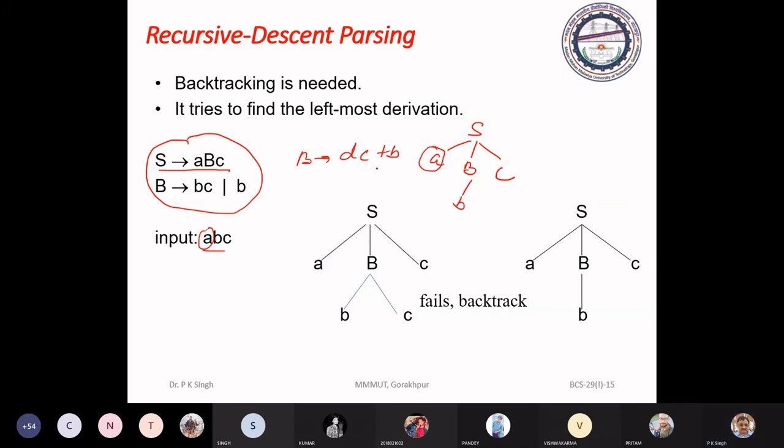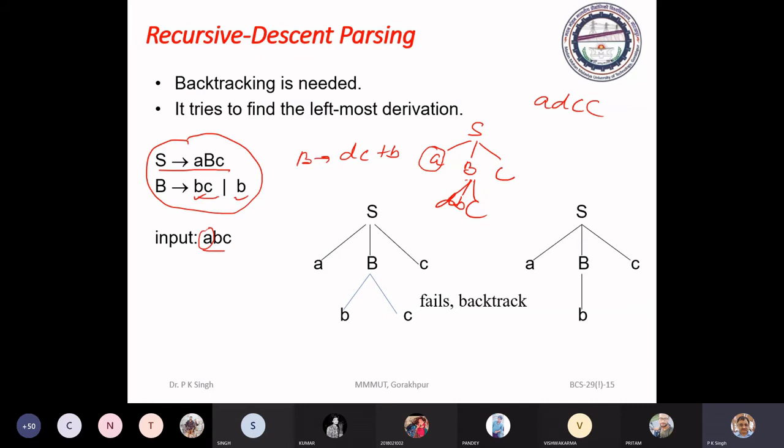But suppose it is ADC, then this CC, then this B, it will select first, and B is D and C. But if you have ambiguity, here B and here B, so which production will be considered for replacement by its right side?